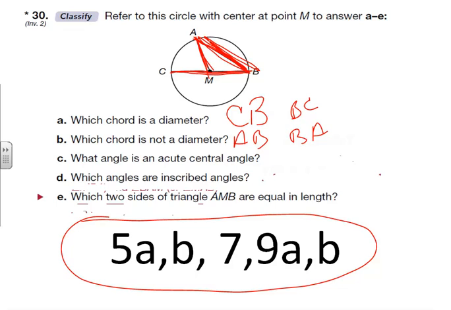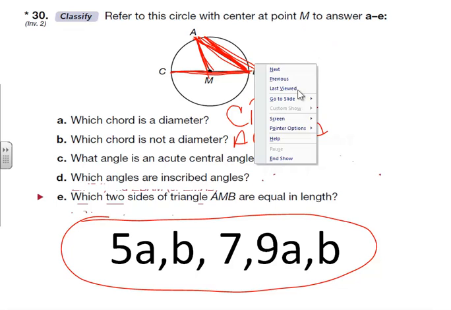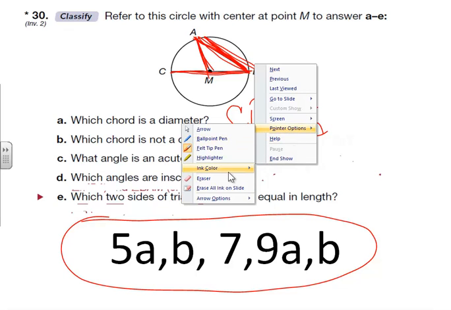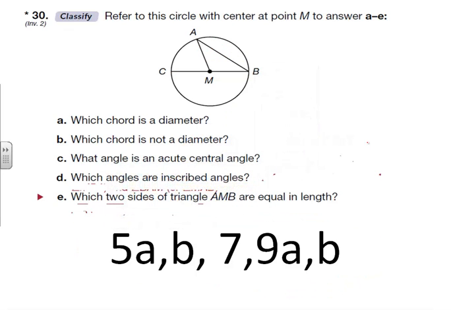Which angle is an acute central angle? Let me get that drawing off there for you. Which is an acute central angle? That will be AMC or CMA. AMC or CMA. This is the acute central angle.